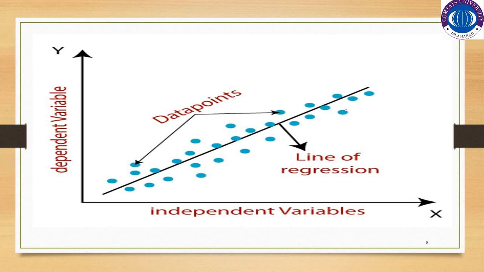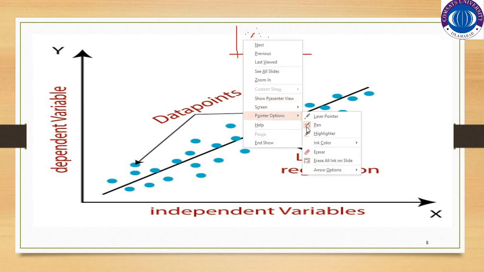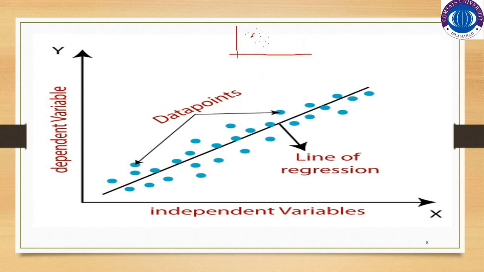as we are studying the simple linear regression. So it would be the linear relationship between the two variables and the line of regression would be a straight line. If we have the data points in this way, something like this, so if we draw a line of regression, it would be something like this.